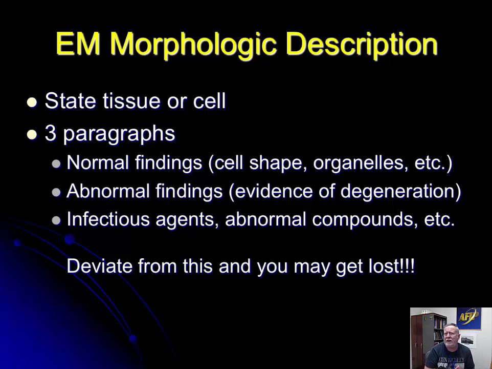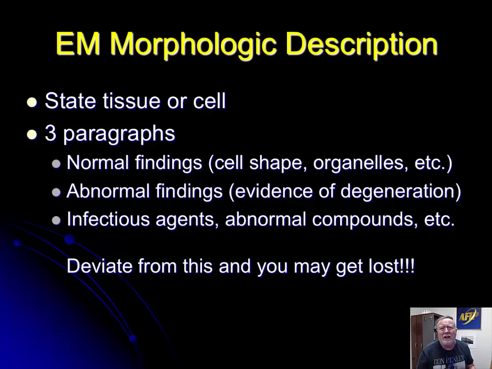What are some basic features? Is the cell cuboidal? Is it columnar? Is it polarized with microvilli on one side, like you might see in the intestine? Are the nuclei located basally?